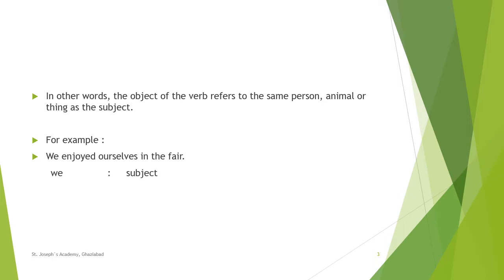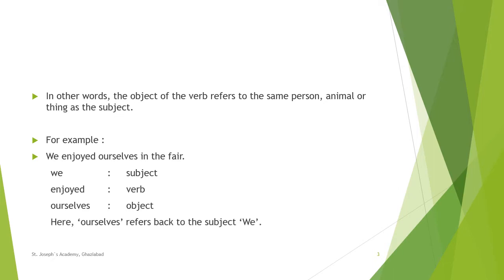In it, what is the subject? We. We is the subject. Enjoyed is the verb. And ourselves is the object. Here, ourselves refers back to the subject, we.